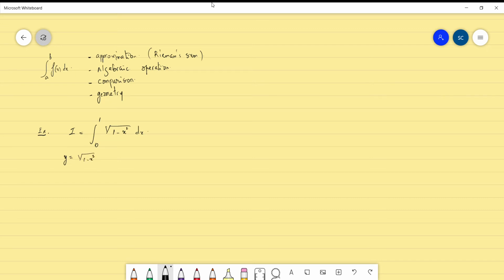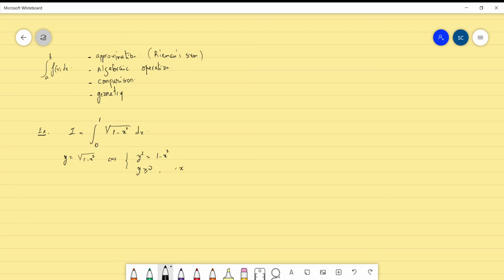What is the set of points described by this curve? So we can identify it. If you take both sides to the power 2, we have y^2 equals 1 minus x^2. Keep in mind that y is positive. The original y is positive, so keep the information here.